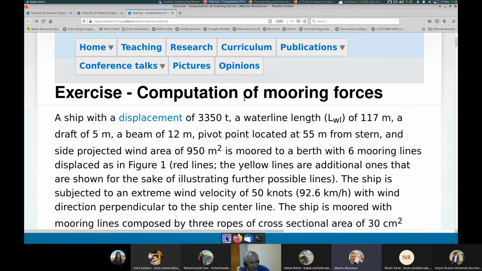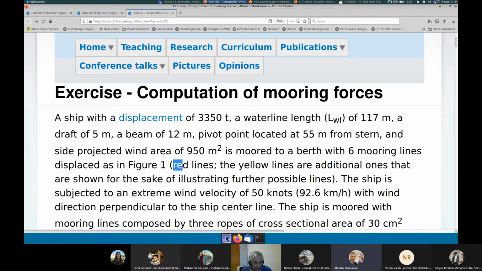A ship with a displacement of 3,350 tons, a waterline length of 117 meters, a draft of 5 meters, a beam of 12 meters, pivot point located at 55 meters from stern, and side projected wind area of 950 square meters, is moored to a berth with 6 mooring lines displaced as in figure 1.